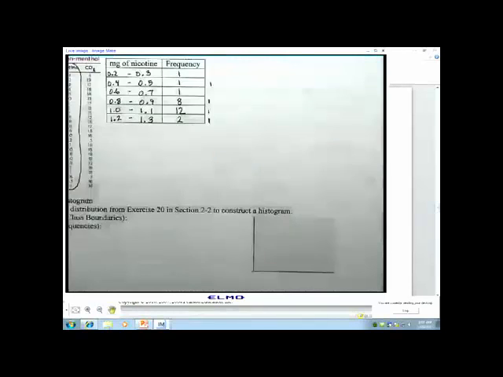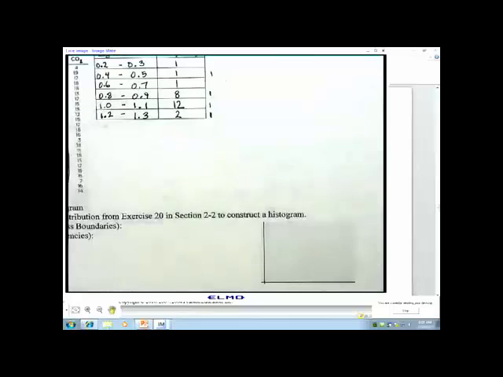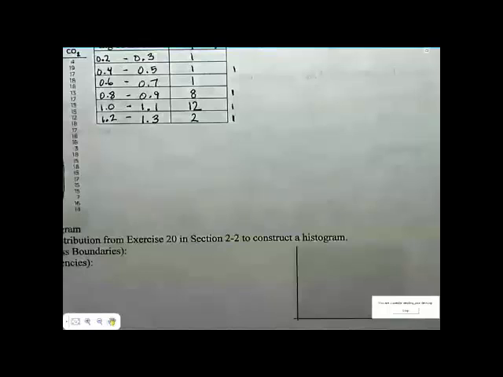Trying to get my frequency table and my little spot I left for a histogram both on the screen at the same time. All right.